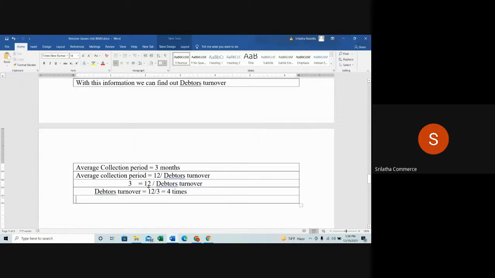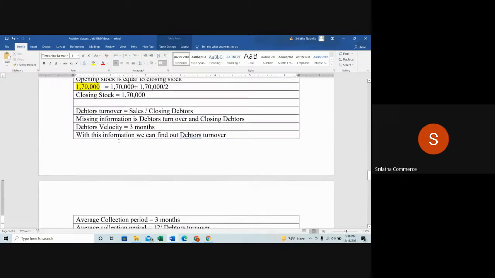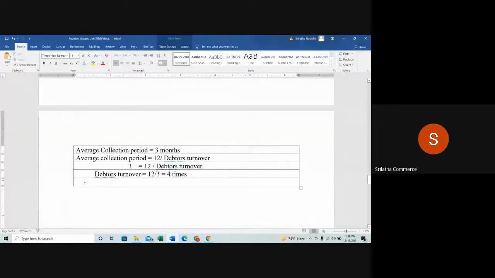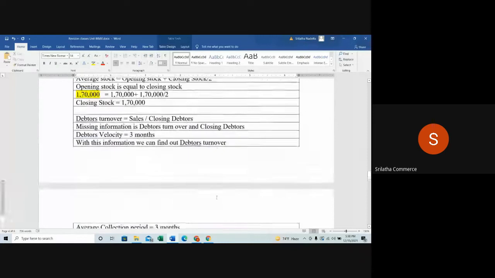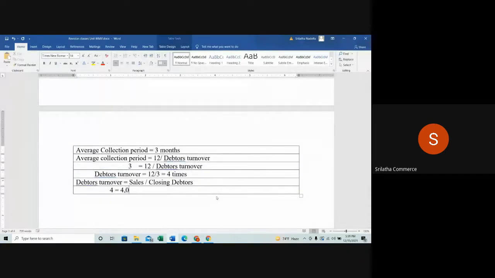Now you apply the same formula for debtors' turnover, which is equal to sales by closing debtors. So debtors' turnover, how much did we get? 4 times is equal to sales, which is 4 lakhs, divided by closing debtors.